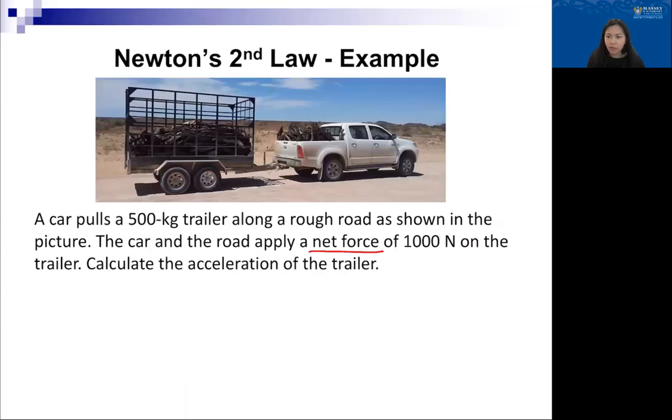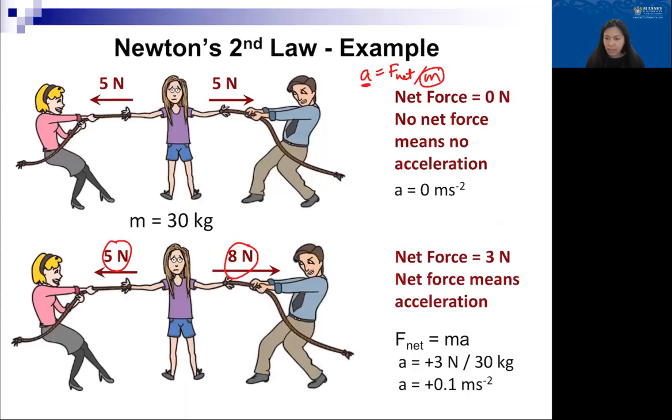How do you convert newtons per kilogram to meters per second squared? So it's not a conversion. Newtons, you're right, is the unit for force. Newton is a special name for kilogram times meter divided by second squared.